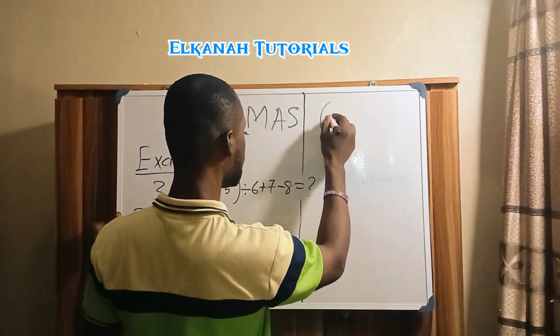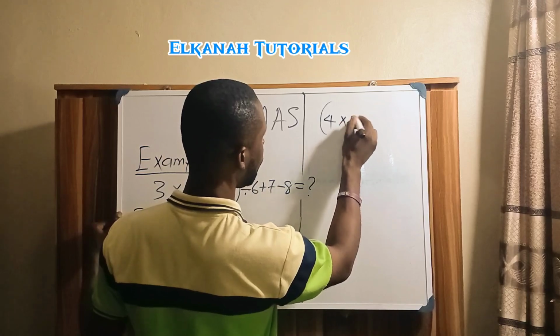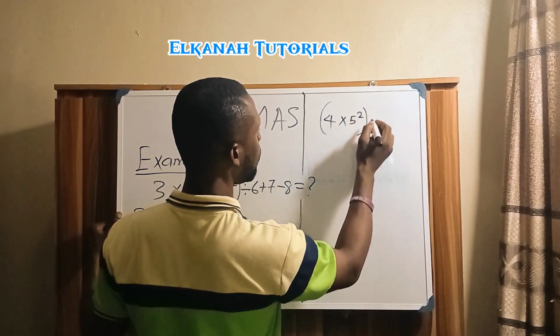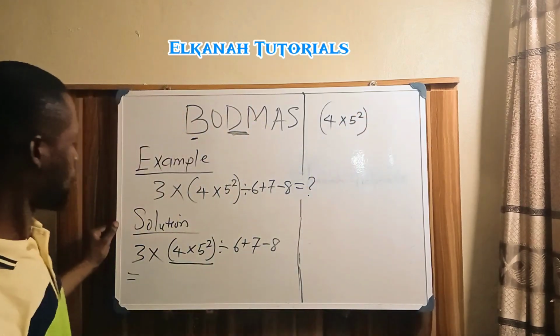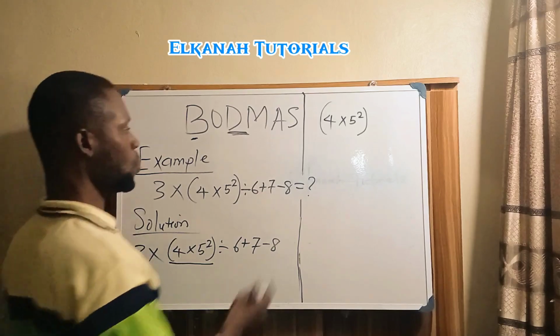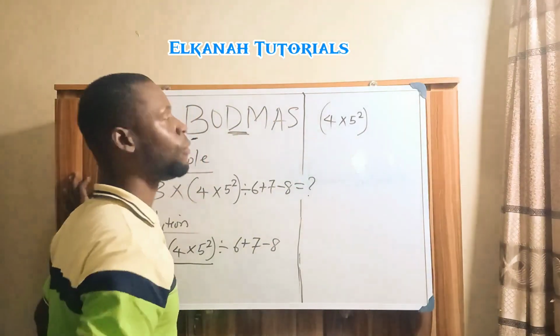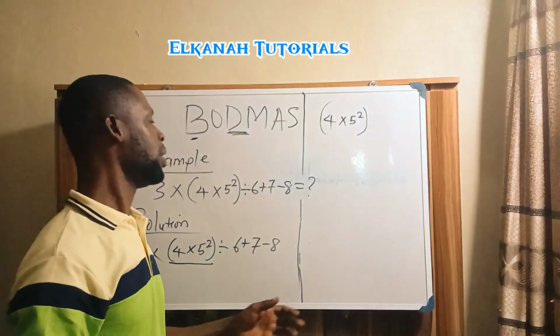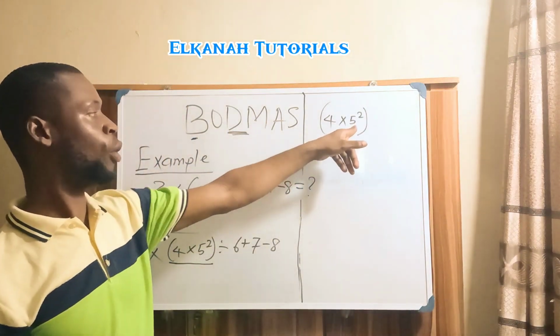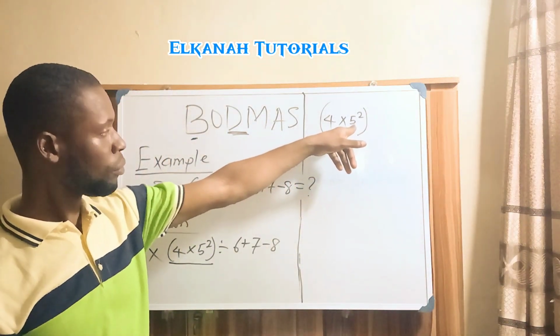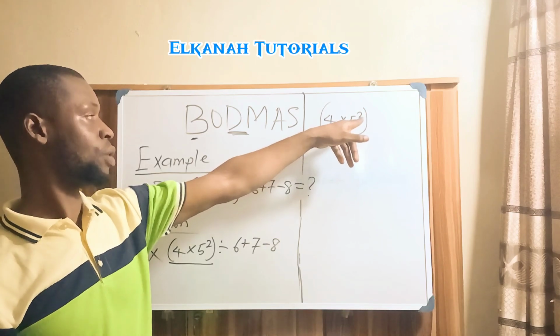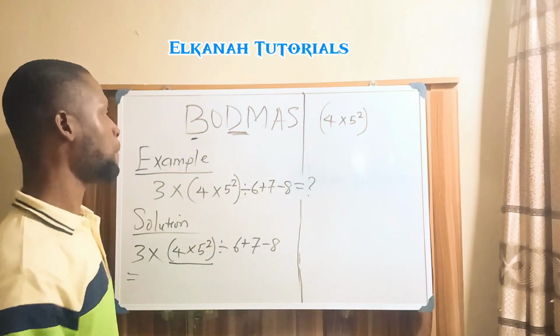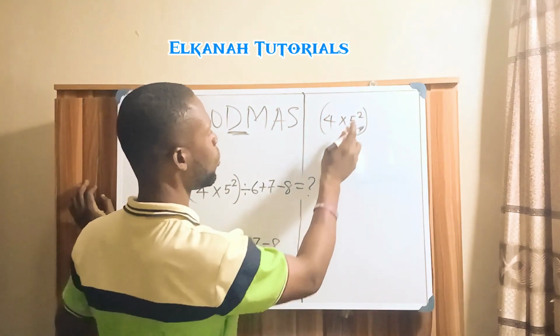Bracket open 4 times 5 raised to the power of 2. So how do we simplify this so that we can take off this bracket? Inside this bracket, we have the off function, which is 5 raised to the power of 2. So how do we do this?